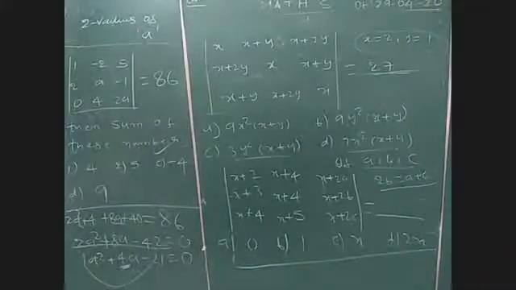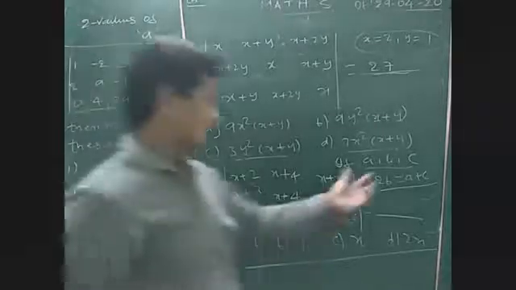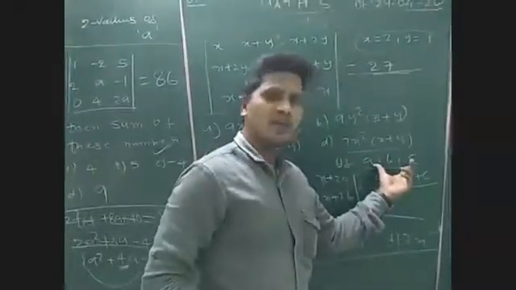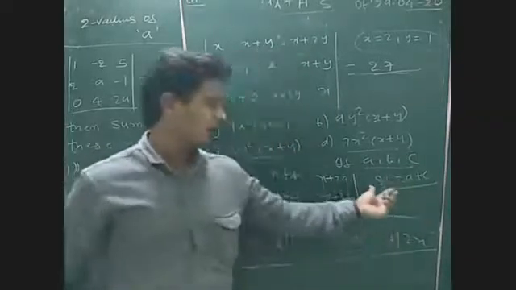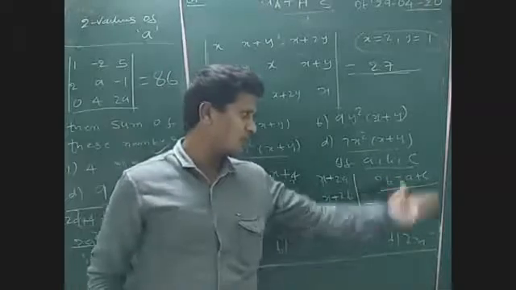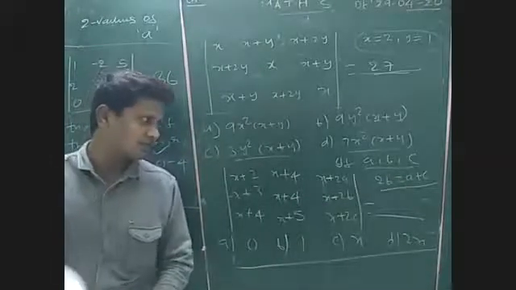Here, remember the condition 2b is equal to a plus c. They have given a, b, c are in AP, so remember this condition. Whenever a, b, c are in arithmetic progression, 2b is a plus c. If it is GP, b square is equal to ac.